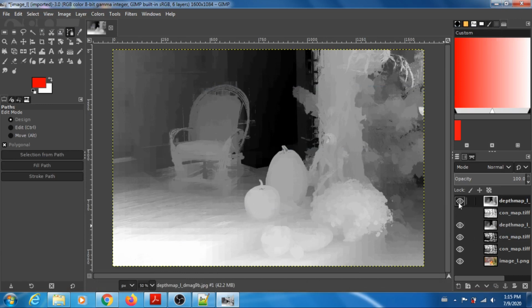Let's see the difference. Not a huge difference. Actually, I like that one better. Yeah, that one is probably better. So you can play with that stuff.